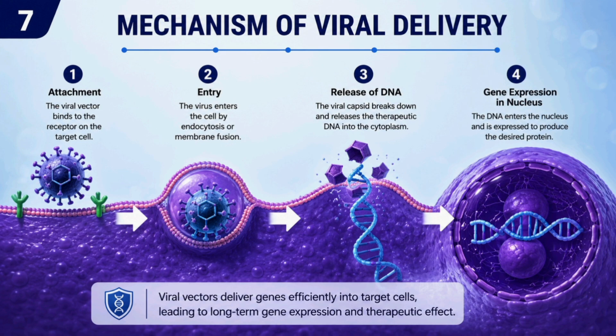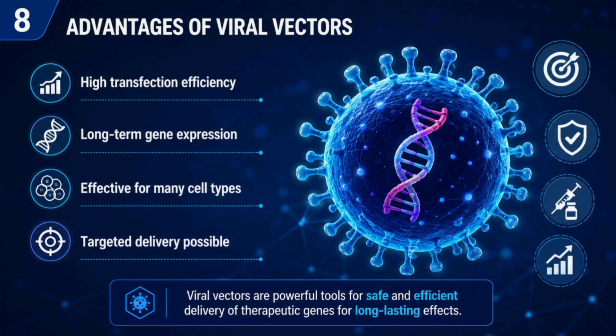The real life analogy is, suppose a teacher gives you a new textbook. You read the textbook and learn the correct information. Similarly, the cell reads the new DNA instructions and produces the correct protein. Which organelle contains the DNA after delivery? That is the nucleus.